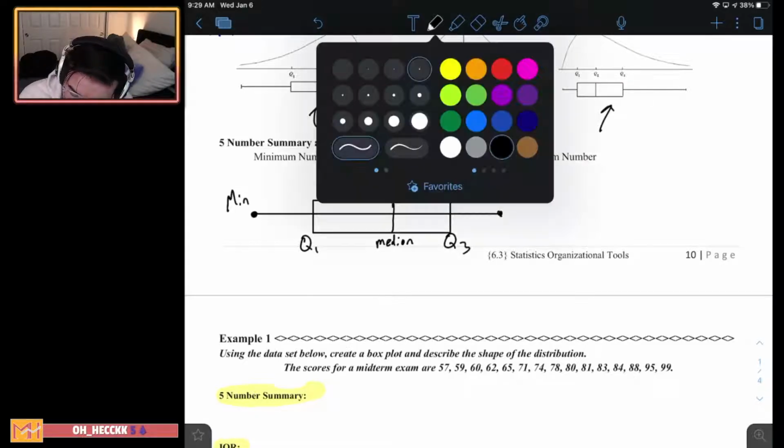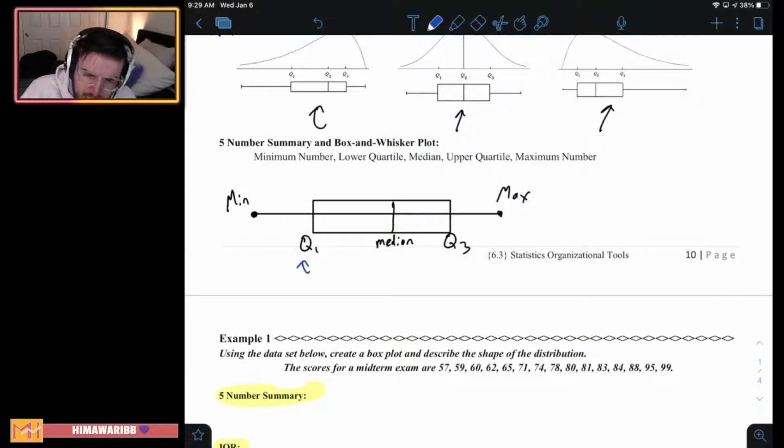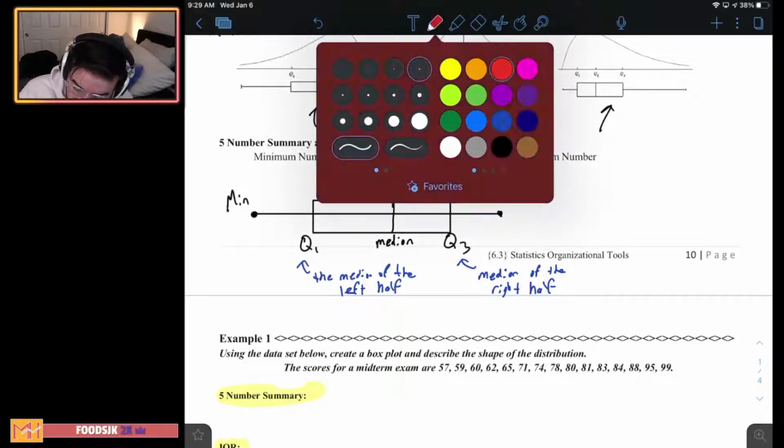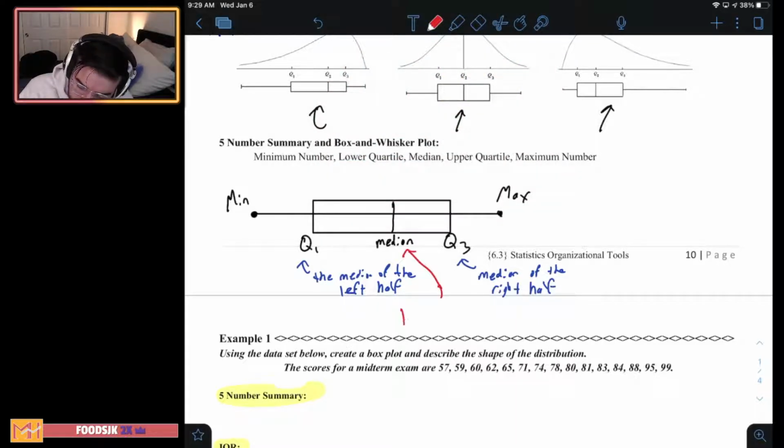A way to describe Q1, and I think we might have described it last class with the definitions, I don't really remember, but we'll say it again: Q1 is the median of the left half, and Q3 is the median of the right half. And if for some reason you don't remember what median means, median is the number in the middle. It's just a fancy word for the middle number.